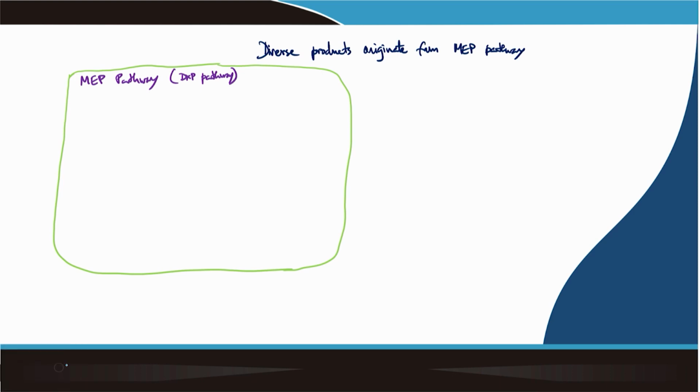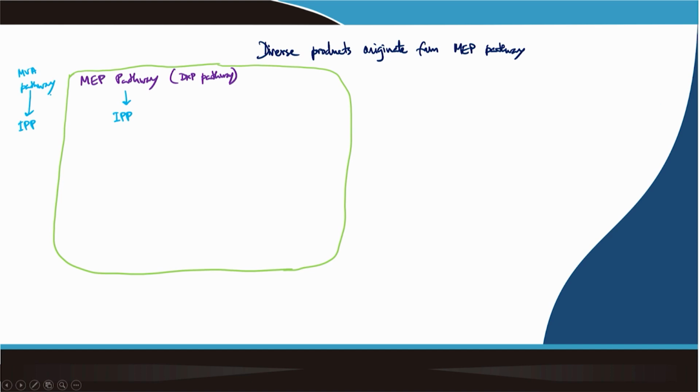If I start with IPP, so from this pathway it produces IPP. IPP is also produced outside the plastid by the MVA pathway, which operates in the cytosol.